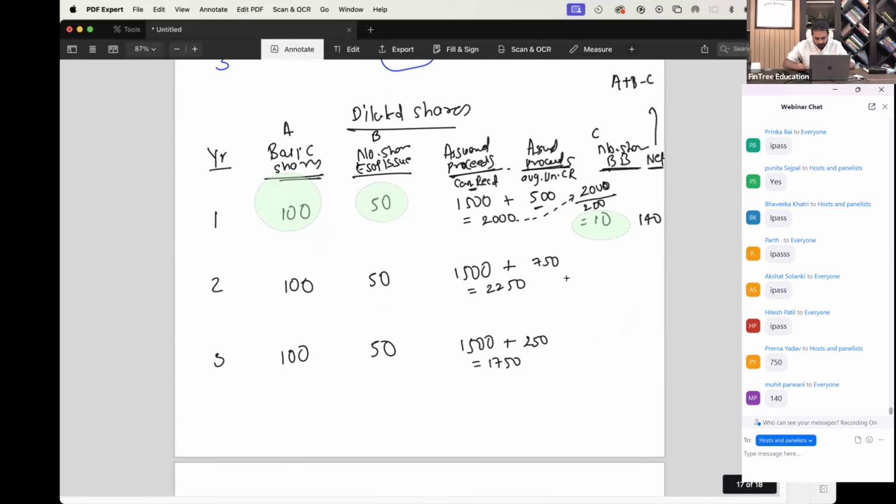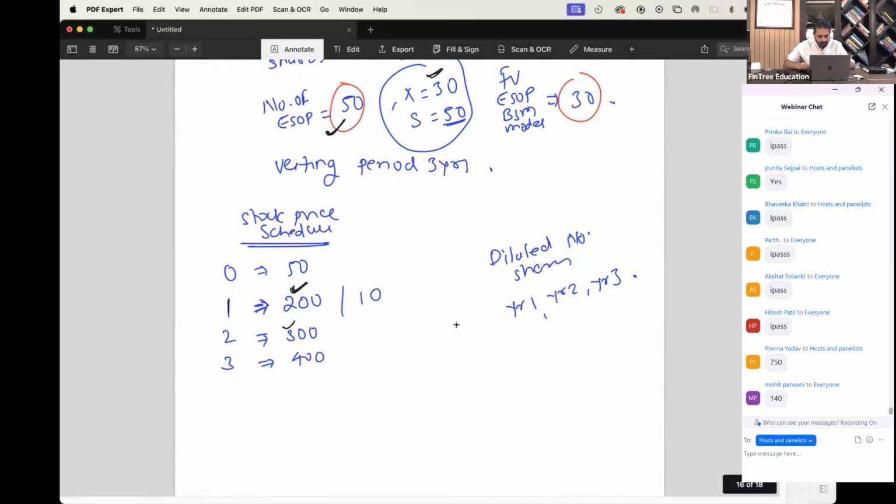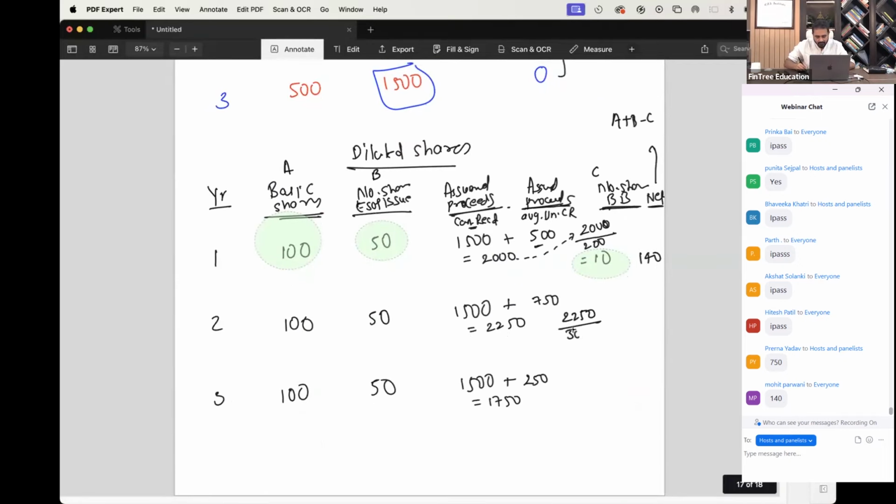Then next year, number of shares bought back is 2250 divided by the year 2 price of 300. That's 7.5. So the number of shares is 150 minus 7.5, 142.5.